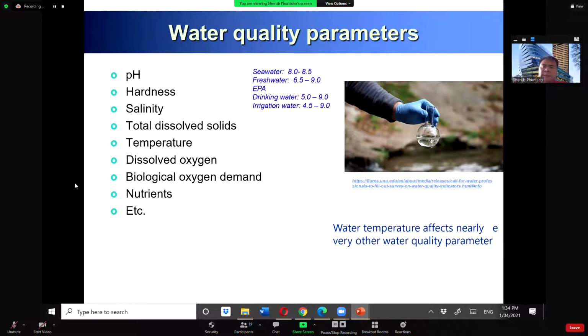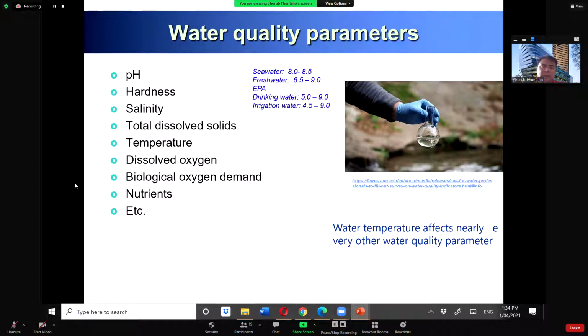Some treatment processes are more effective in a certain pH range, and if the incoming water source is not within that pH range, then the treatment process will be impacted. Then you have to adjust the pH so that it is within the range that it can be treated.